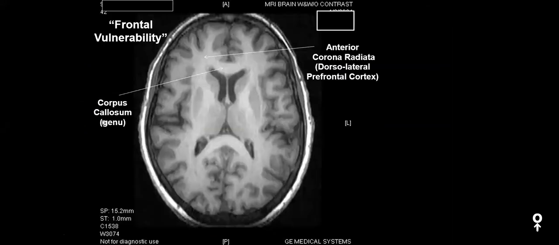Next slide. What I'm showing you here is a cut through the brain. This is an MRI view of the brain. The front of the head is on the top, the back of the head is on the bottom. What you can see here are these white areas that represent the white matter tracts of the brain. This is what is damaged with concussion, and it's predominantly the frontal parts of the brain that are most susceptible.